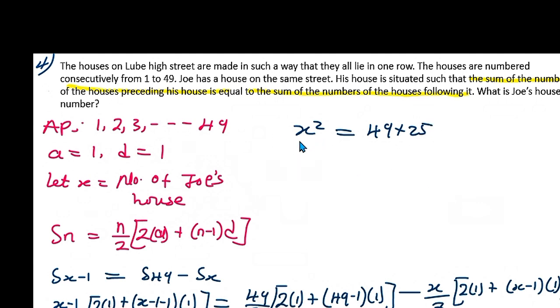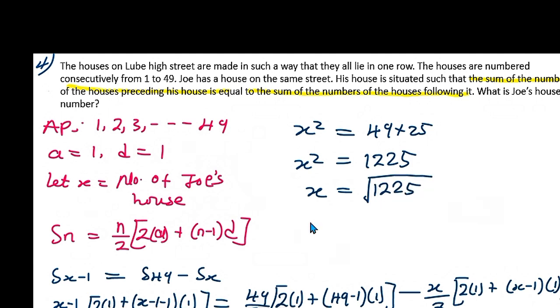Okay, 49 times 25, and so this will be x squared equals 1225. And solving for x, x is going to be equal to the square root of 1225. And if you take the square root of 1225, it will give you 35.